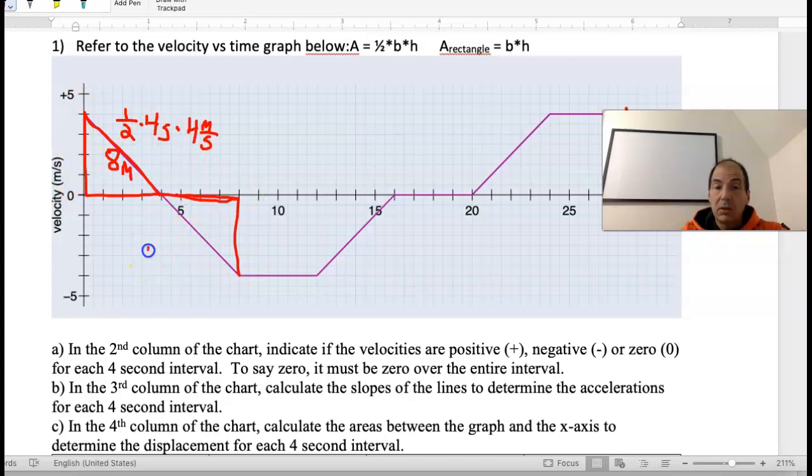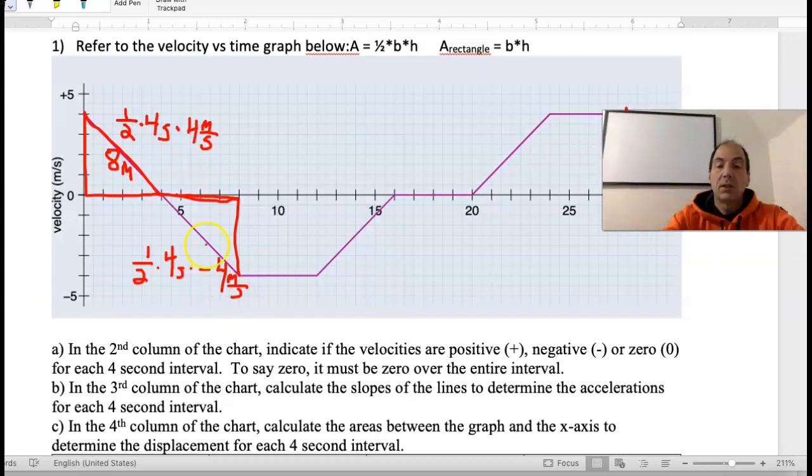So it's really 1/2 times 4 seconds times negative 4 meters per second. Because we're below the x-axis, we have to do it with positive and negative signs. Remember that displacement is a vector, so it does matter. So instead of positive 8, this displacement is negative 8.